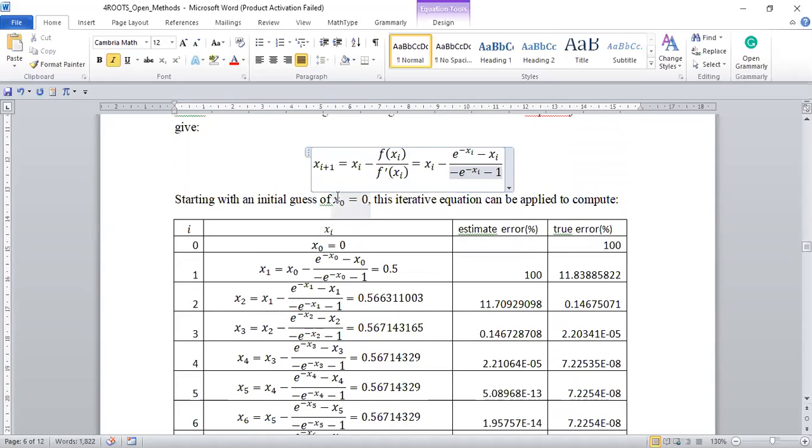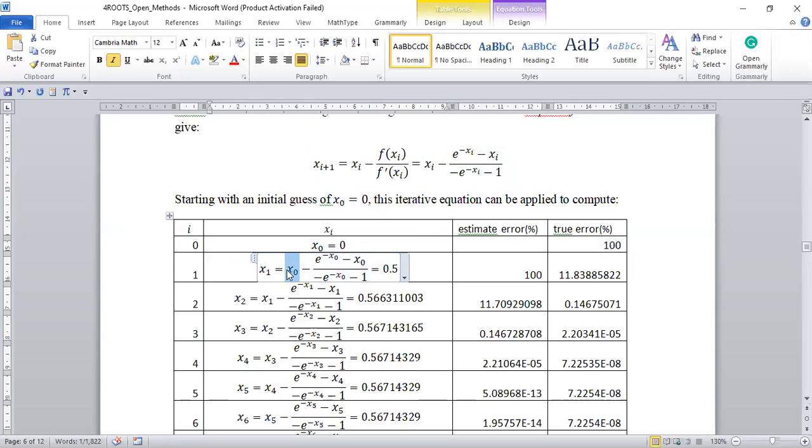You start with the initial guess x0 is equal to 0. So this is the initial guess at the 0th iteration. To move on to the next iteration, x1, x1 is equal to x naught minus this. Remember you are using this formula, x naught, that's the previous value of x, then this at the previous value of x.